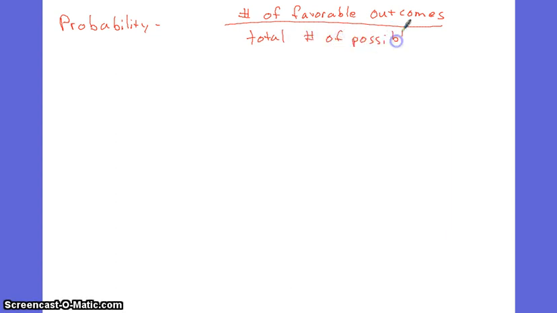This is what you're comparing: what you want to happen compared to your possibilities. And we can write all of our possibilities out on a sample space. This is called theoretical probability, but let's try it.